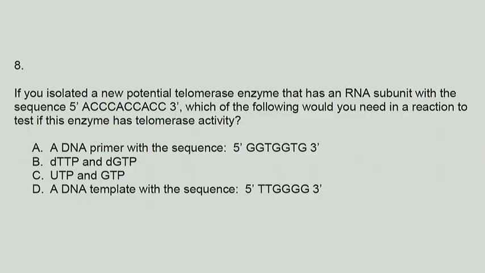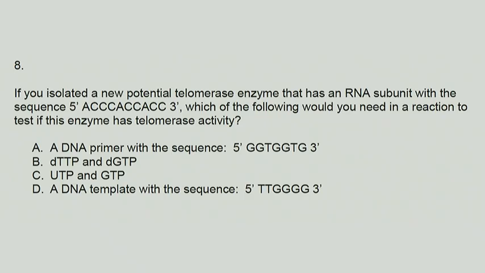Okay. You isolated a potential telomerase enzyme that uses the RNA subunit with 5' ACCC, ACC, ACC. What do you need to test if this is a functional telomerase enzyme in vitro? Okay, go ahead. A DNA primer, like the sequence that's complementary.